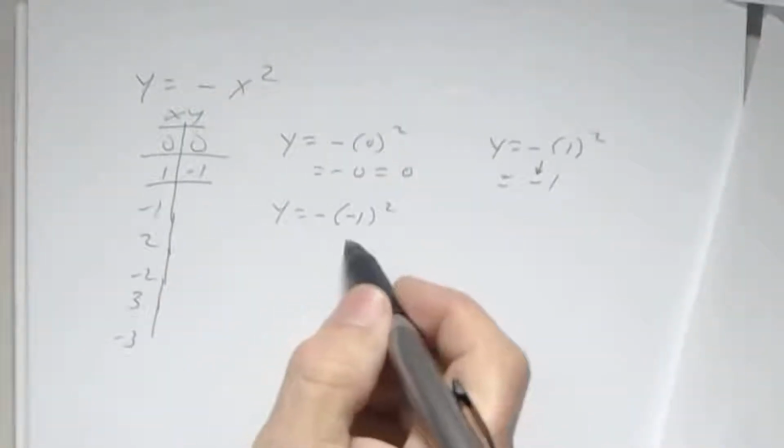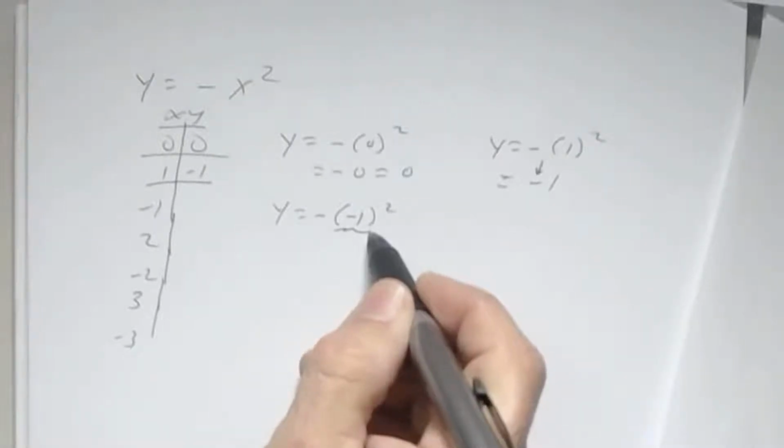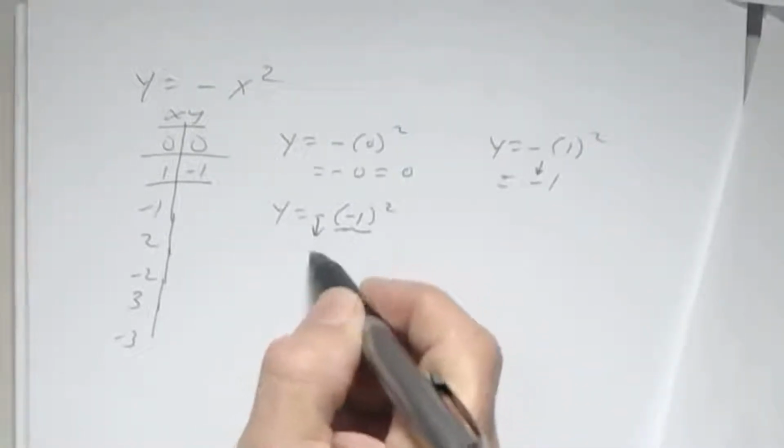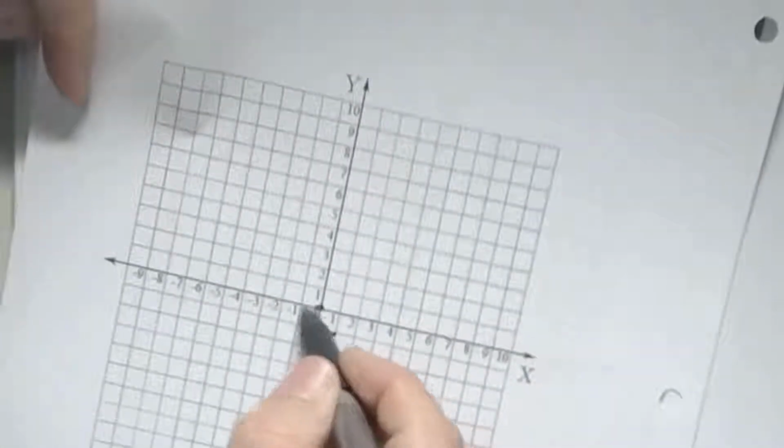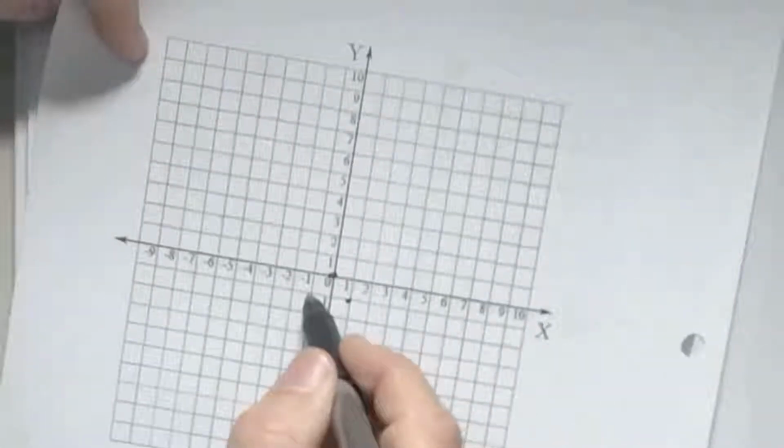So again, x is negative 1, so I'm putting negative 1 in parentheses. Now, remember, you do the exponent. What's negative 1 squared? 1, so this becomes a what? Negative 1. So negative 1, negative 1 is here.